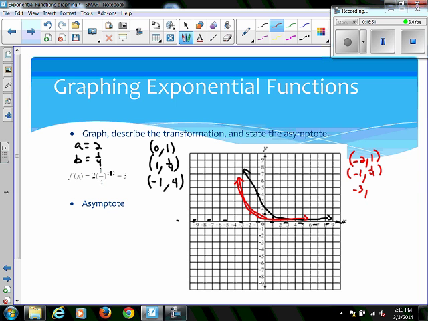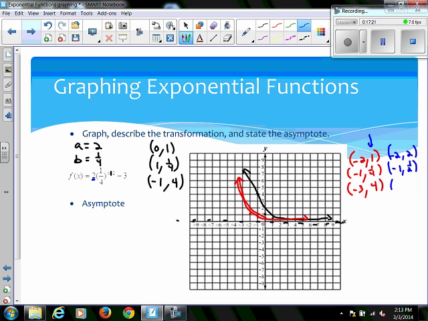Now I'm going to take A and multiply by 2. So I'm multiplying the y coordinate by 2. So now I have negative 2, 2. Negative 1, 1/4 times 2 is 1/2, 0.5. Negative 3, 8.